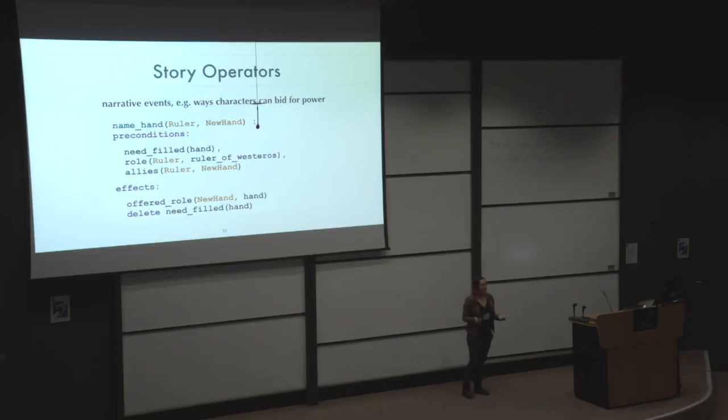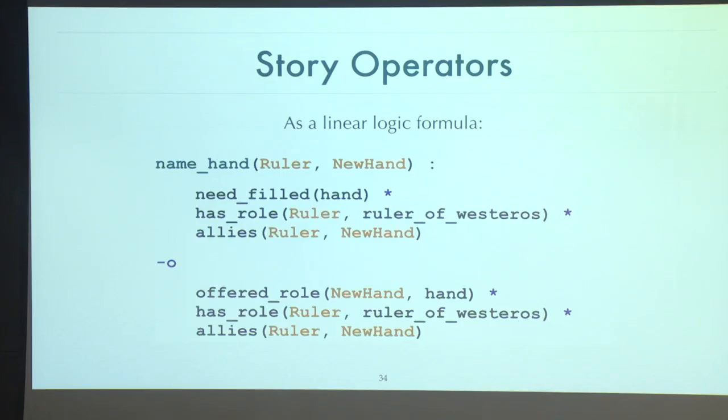Of course, this idea of deleting facts is not quite logical enough, right? So to account for this in a logical style, we need to use linear logic. And here I used asterisk for the tensor in linear logic and -O for the lolly. So this is the same rule, but it has some different defaults in how you describe it. In linear logic, what's on the left-hand side gets replaced by what's on the right-hand side.